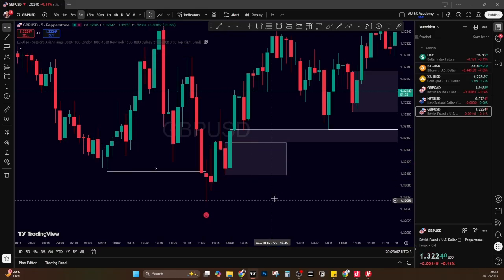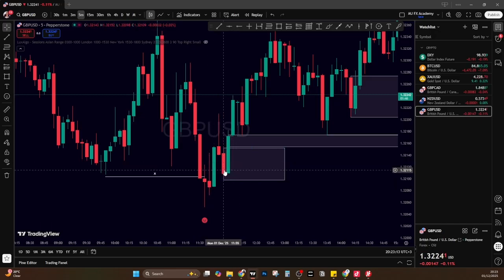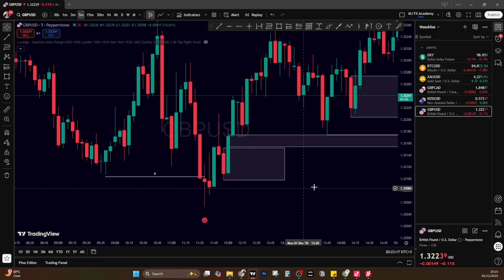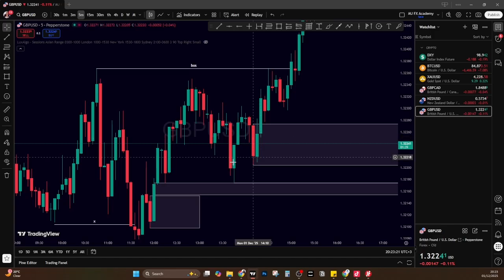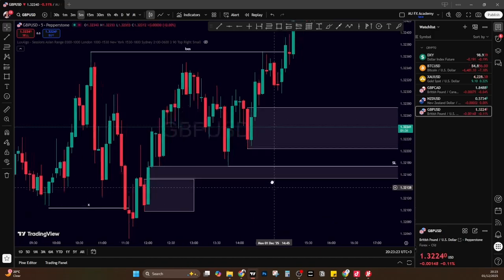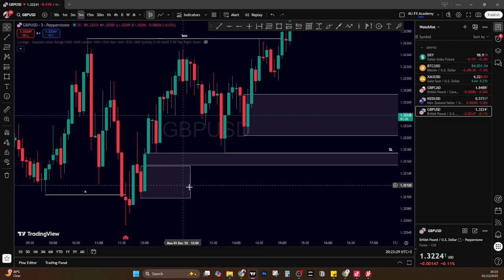Can you see that? So that means money left this order block and it is now on this order block. That is what we call order flow. Now, of all the order blocks we have here, this is the only order block that has not been retested.